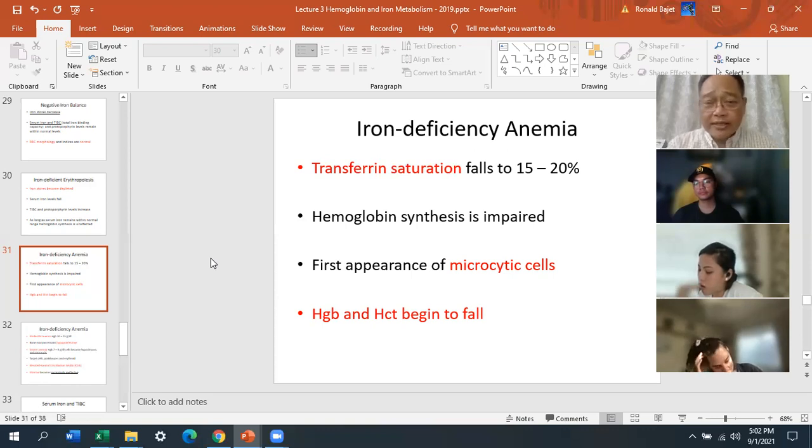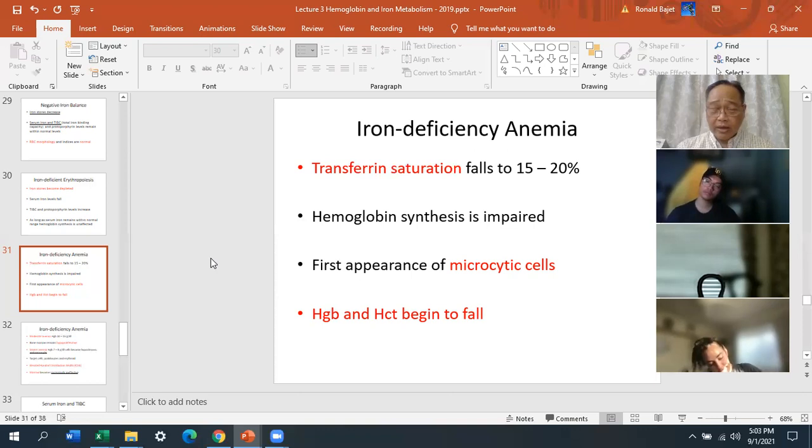And also, because this is an anemia, hemoglobin and hematocrit will begin to fall. So everything's low: low reds, low hemoglobin, low hematocrit, low MCV. Those are your RBC indicators: your reds, your hemoglobin, hematocrit, and your MCV. Your RBC indices too, like MCH and MCHC, but those are your measured parameters.